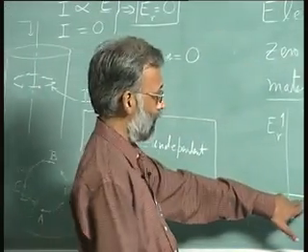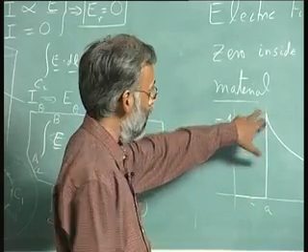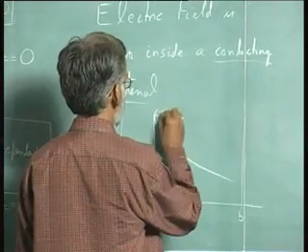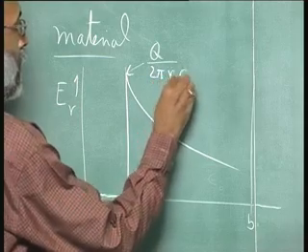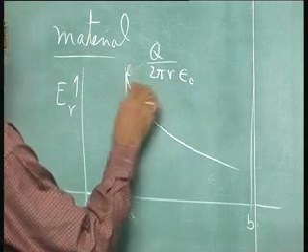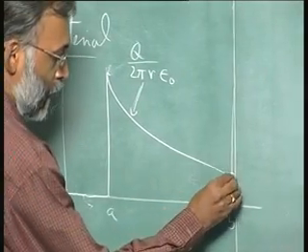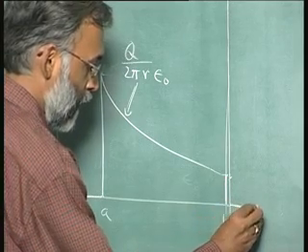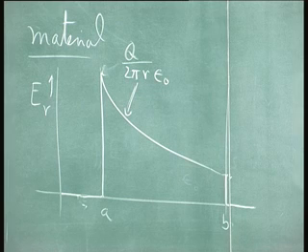The electric field is 0 inside, goes to a value we have worked out already, which has to do with q over 2 pi r epsilon naught, and then it goes all the way out to B where it drops to 0 again. This is the electric field.